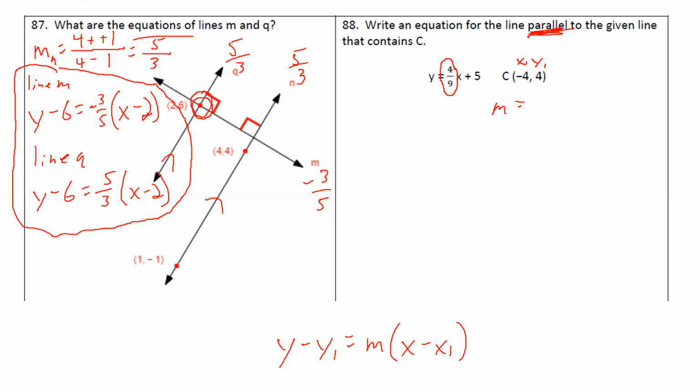So it's going to stay 4/9, and my slope on this one will still be 4/9. Plug it into the equation. Y minus Y1, 4, equals M, our slope was 4/9, times parentheses, X minus, the X value was -4, so that becomes +4, and that's our equation.